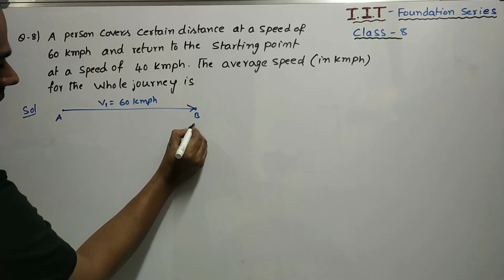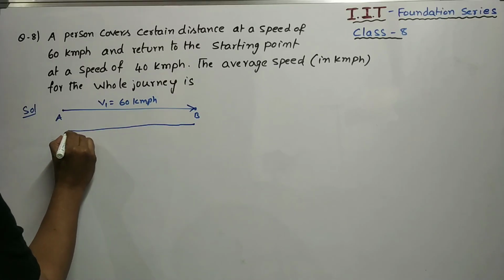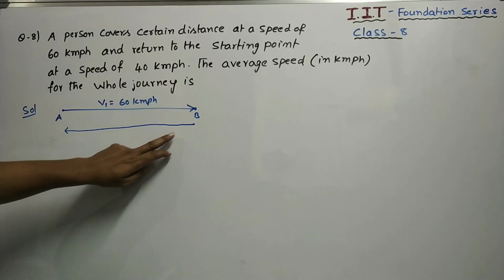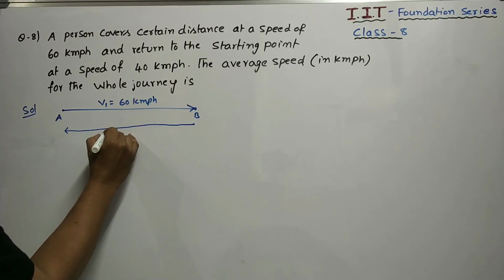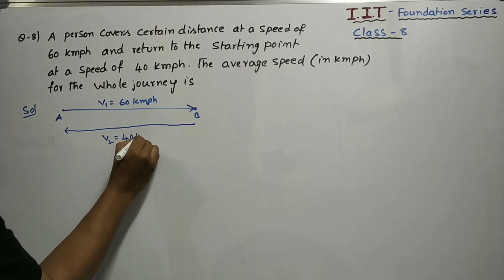Later he starts his journey from B to A, and in the return journey his speed differs from the initial, 40 km/h only.